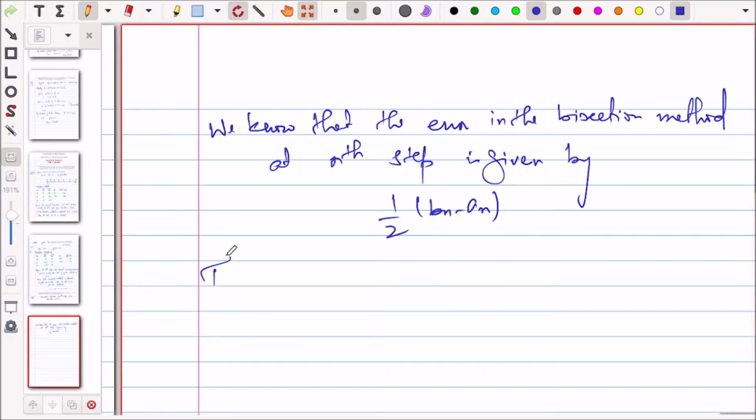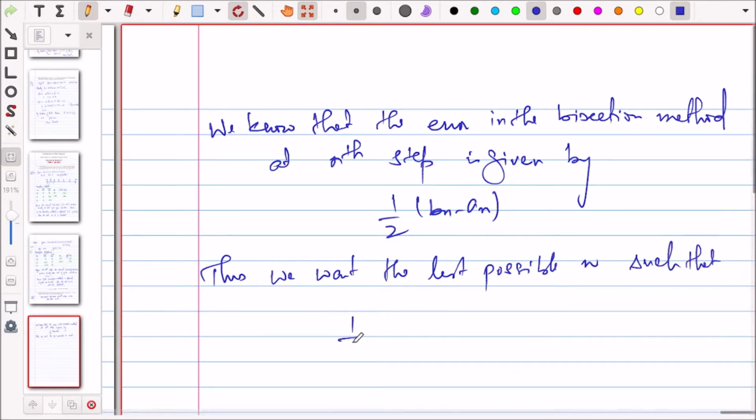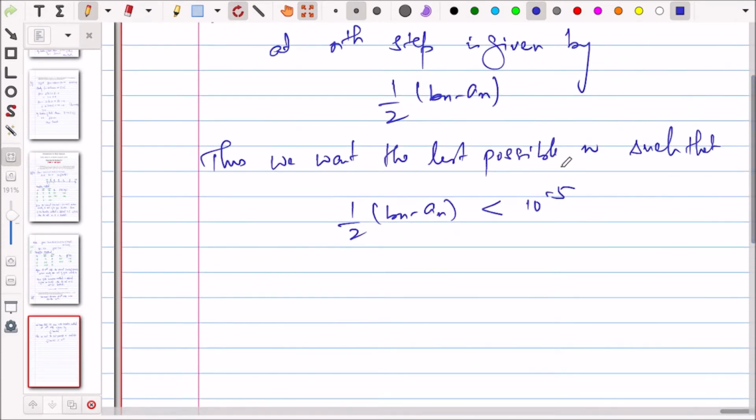So we want the least possible n such that this 1 by 2 times (bn minus an) is less than 10 to the power minus 5. We want this condition to be satisfied for the least possible n.